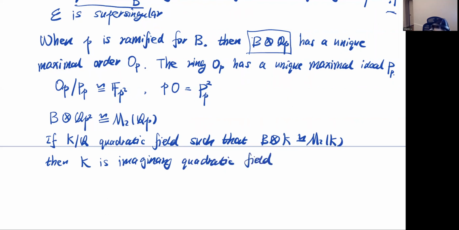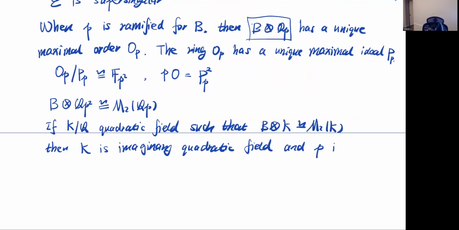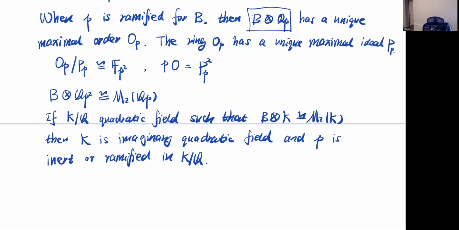And it is an if and only if: K is an imaginary quadratic field, and p is either inert or ramified. p does not split. p is inert or ramified in this quadratic extension. It's an if and only if.